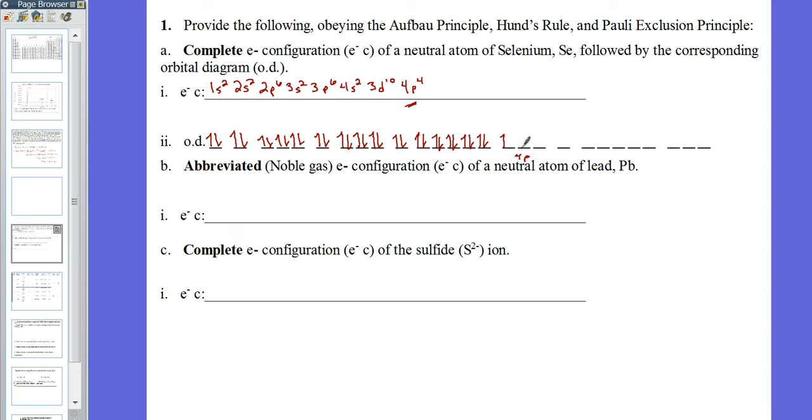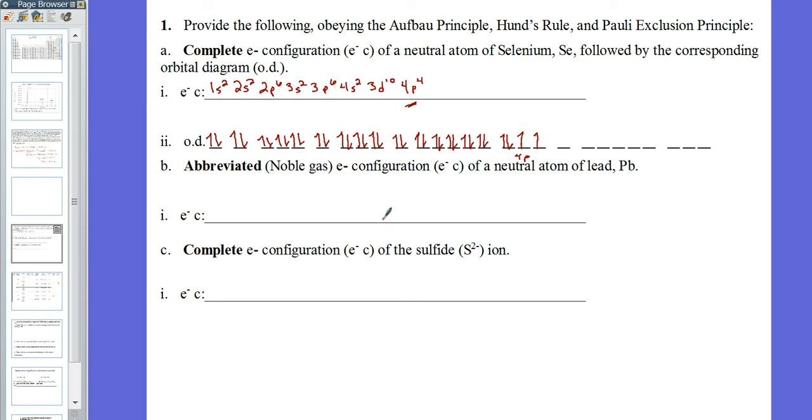Make sure that you put the first 3 electrons in their own seat, Hund's rule, and then you'll come back and do the 4th electron right there. If you were to put 1, 2, 3, 4 and nothing in this block over here, then you're going to miss it. So Pauli exclusion principle is opposite spin, but Hund's rule is the bus seat rule, where you put 1 in each orbital before you double up.